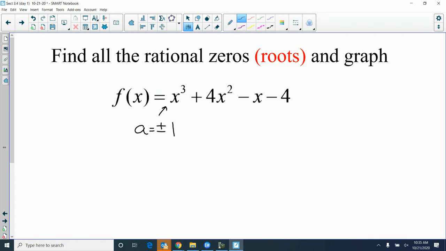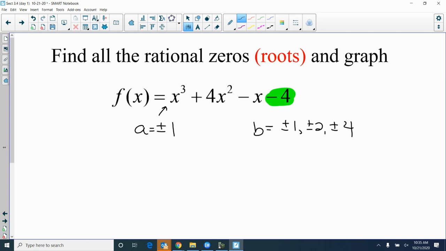The b's are the divisors of the constant, -4, and it's going to be the positive and negative ones. So think about this. We're looking at this -4. The numbers that will go into that are 1, 2, and 4.